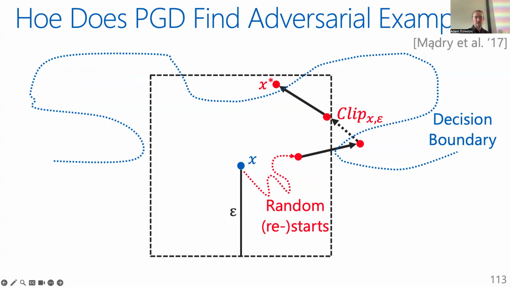Usually how you do that is you give the algorithm a maximum number of steps. For example, we have something like PGD 20. So we allow the PGD algorithm to make 20 steps. If after the 20 steps we are not successful, we just restart and do another 20 steps, but in a different direction.